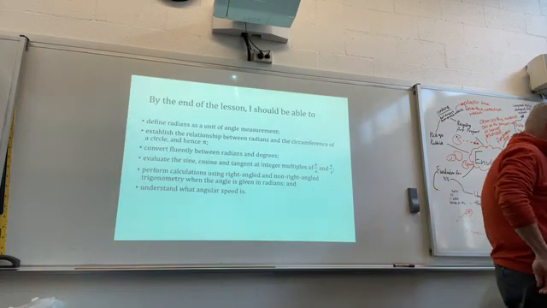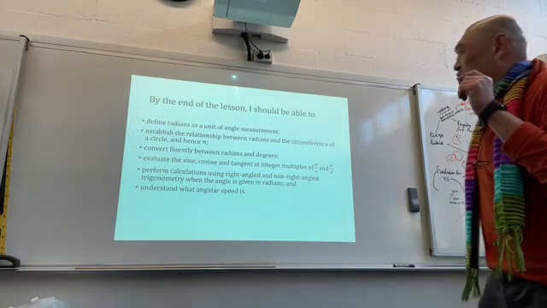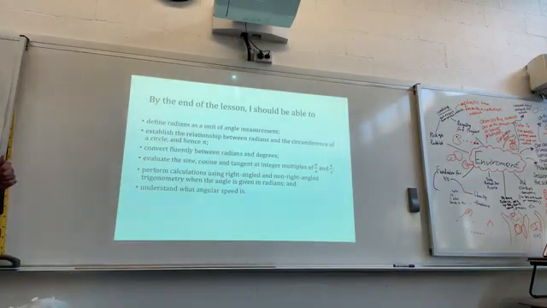You really need to know how to define radian as a unit of angle measure. You need to establish the relationship between radians and the circumference of a circle, so you need to think about using pi. You should convert fluently between radians and degrees and vice versa.